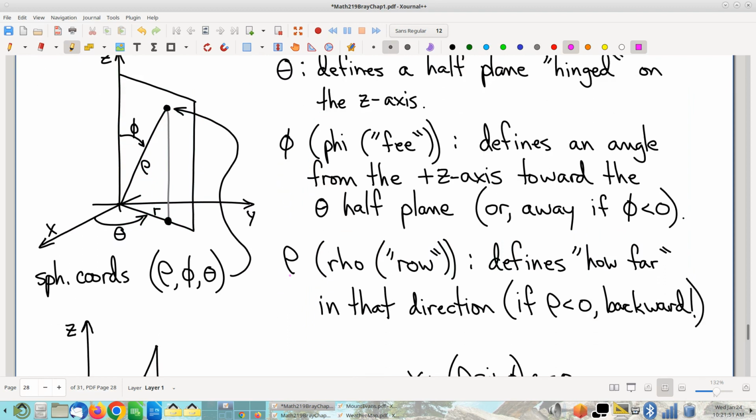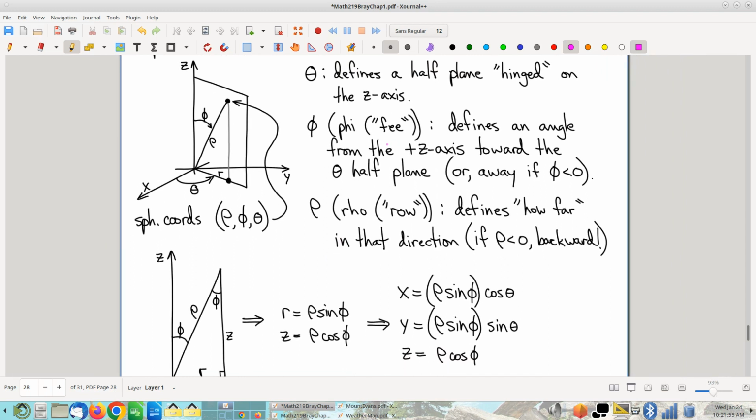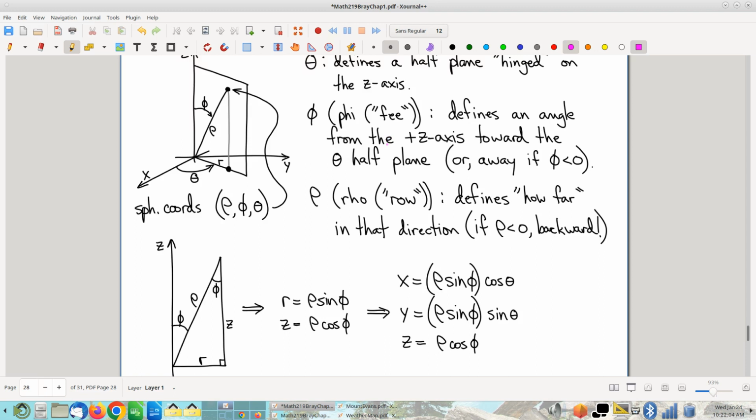So let's talk about how to convert between rectangular coordinates and spherical coordinates. In particular, if you know the spherical coordinates, how do you find the rectangular coordinates? Looking at this picture, there's a key part to focus on.